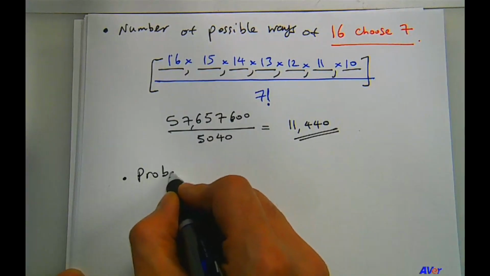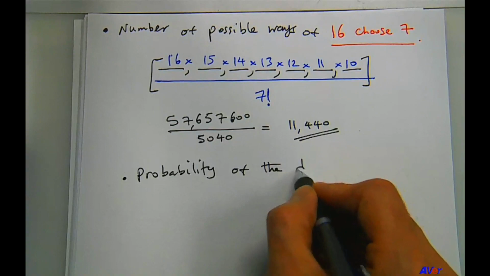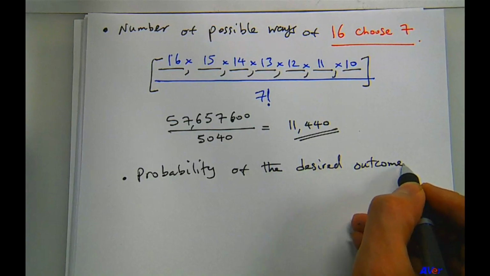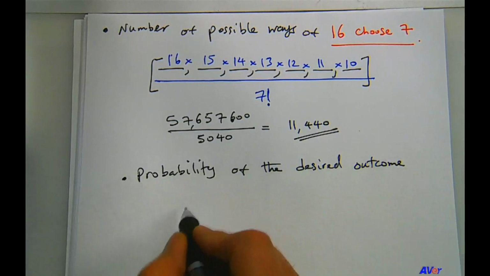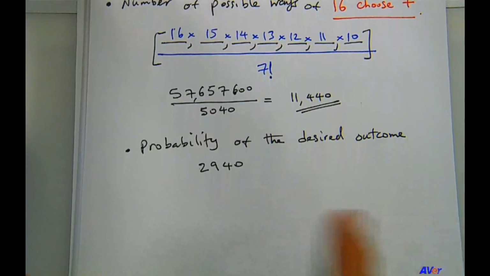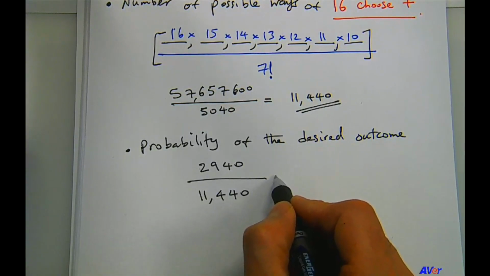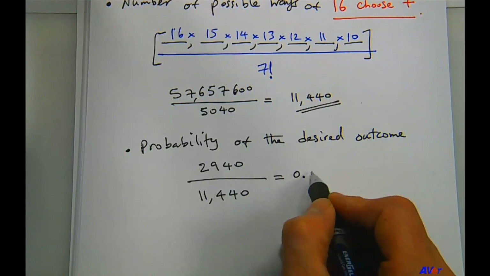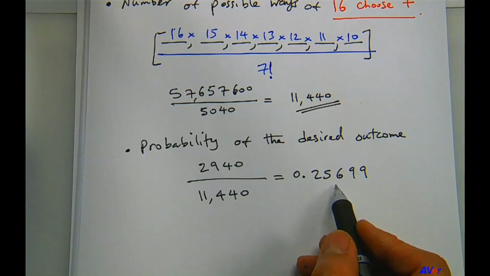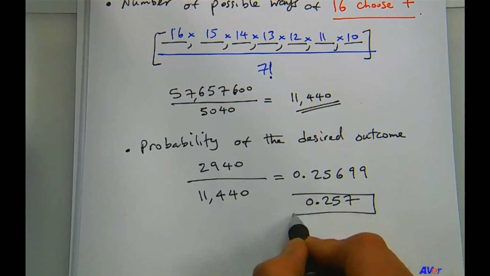So 2,940 divided by 11,440, and we get 0.25699. Why don't I round this to 3 decimal places, like that.